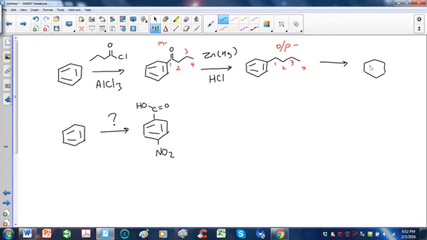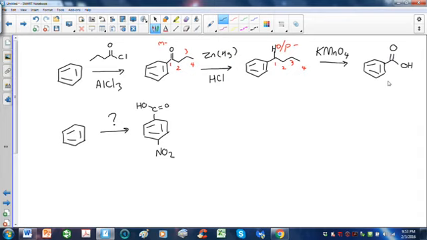I can take a compound like this, or really any benzene ring with any alkyl group on it, provided there's at least one benzylic hydrogen, and a benzylic hydrogen is the one coming right off the benzene ring, and I can oxidize it with a compound that you guys have seen before called potassium permanganate, and I can cleave right here and oxidize, and no matter how long this carbon chain is, whether it's 2 carbons, 3 carbons, 15 carbons, provided there's one benzylic hydrogen there, the product I always get is this.